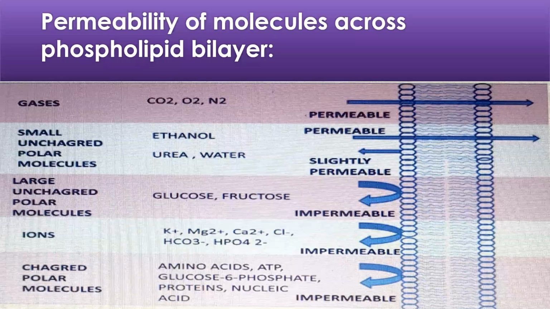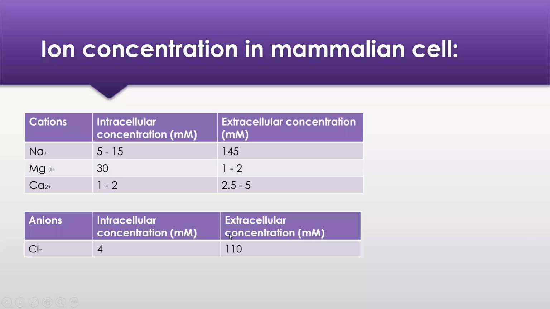As I said, the concentration of ions within the cell varies compared to the external environment. For cations and anions, they vary. The intracellular concentration of sodium is 5 to 15 millimolar, and the extracellular concentration is 145 millimolar.